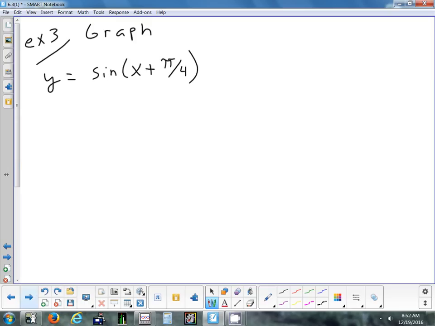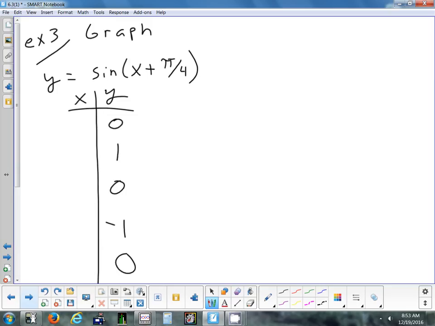All right, so the last one we're going to do is a phase shift. I want to look at this one, not really for the arithmetic, but when you set up your axes, because some people make a mistake on this. So I'll do the x and the y values quickly, just so we can get to the graph. Here's my y's. Now I'm going to take all my x's. And what am I going to do to all of them?